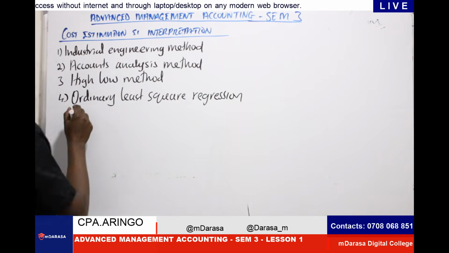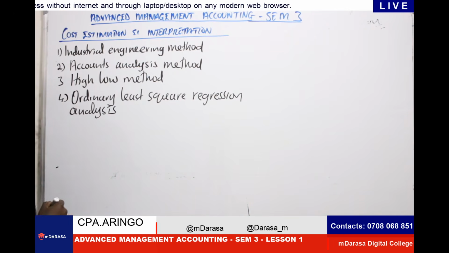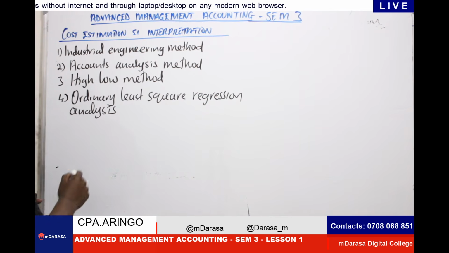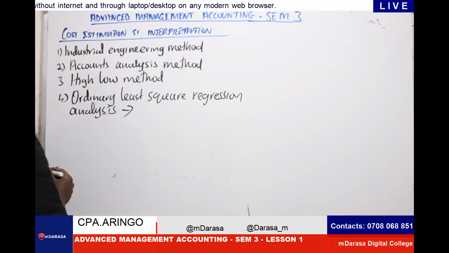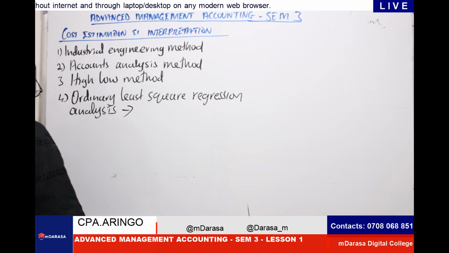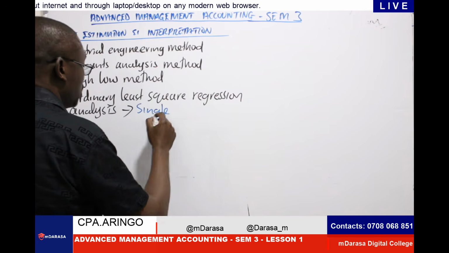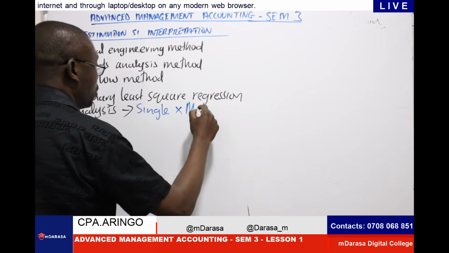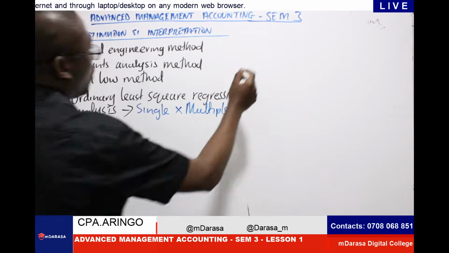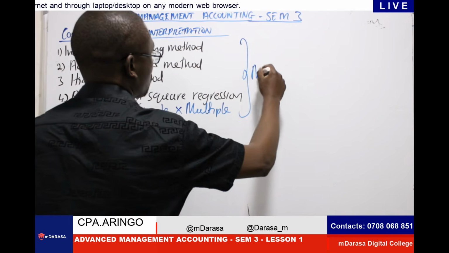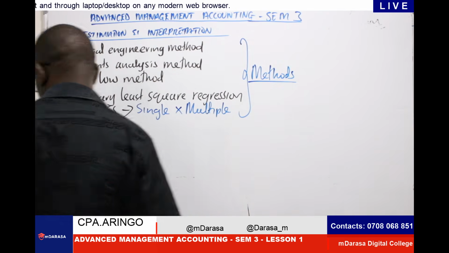These are what we normally tend to consider, where at this point we'll also be looking at multiple regression, because remember, at this point we look at single and multiple regression analysis. So these are the common methods that we'll always be considering anytime we are looking at the aspect to do with regression.